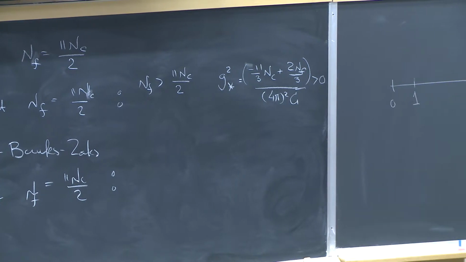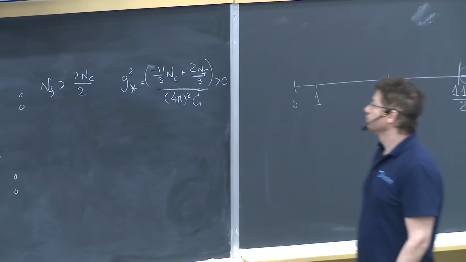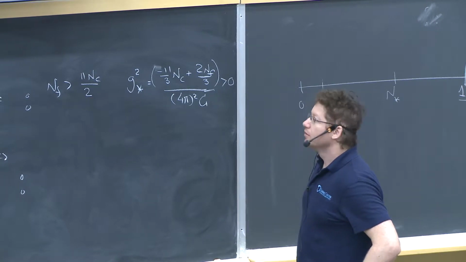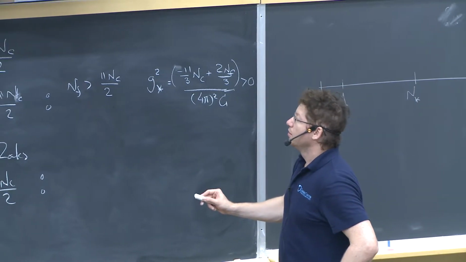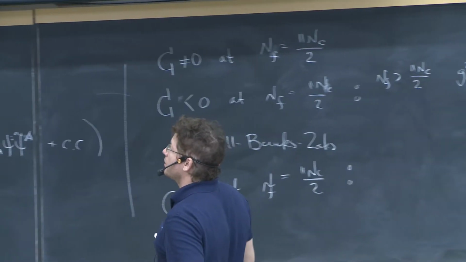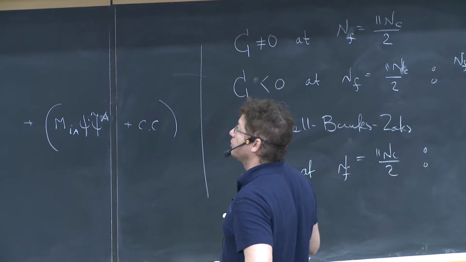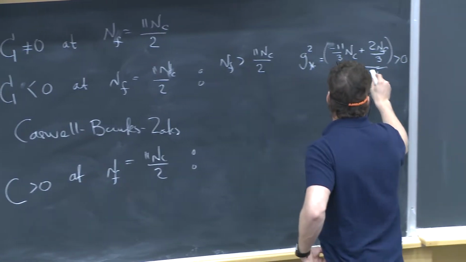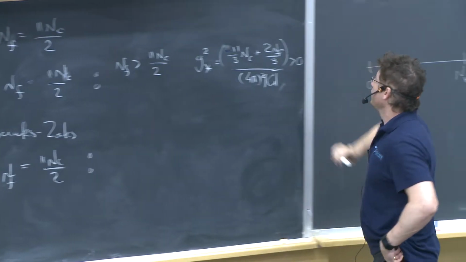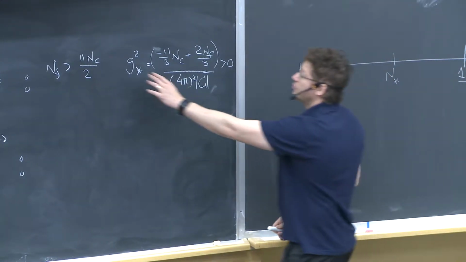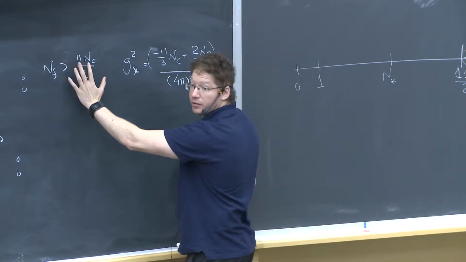Right, without the minus. I think this is okay. Here I'm discussing the scenario that c is negative indeed. So minus c, you're right. Good. So this is a fixed point that you encounter here.